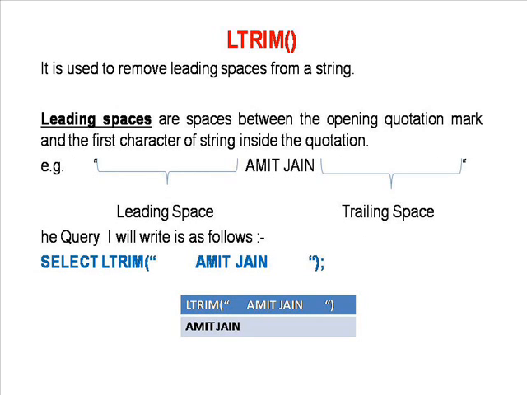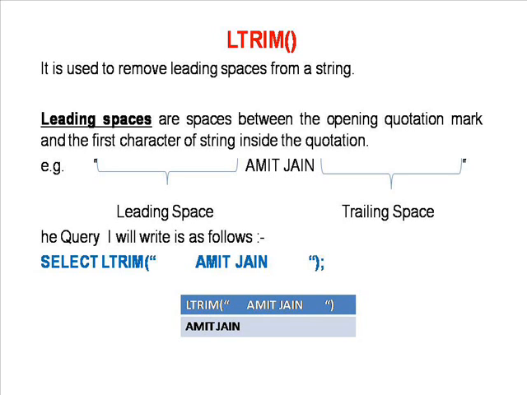Now we come to ltrim. Ltrim is used to remove only the leading spaces. Please notice that trim is used to remove leading as well as trailing spaces, but ltrim is used to remove only the leading spaces. What are the leading spaces? We saw an example of leading spaces in the previous slide of trim.